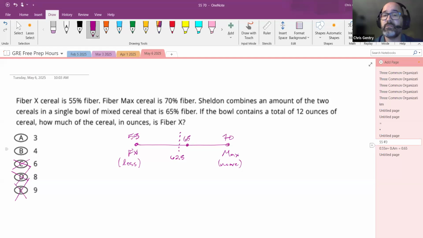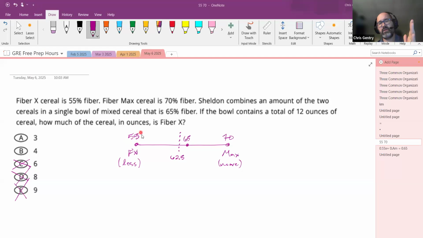And now at this point, it's just trying to determine the portions of this competition. Basically what's happening here, I call this a tug of war. The GRE books from Manhattan Prep call it the teeter-totter method. In fact, I think a lot of sources call it teeter-totter. I've always felt the tug of war is a little bit more intuitive to me for what happens here. Because if I think of this as tug of war, Team X wants to be at 55.